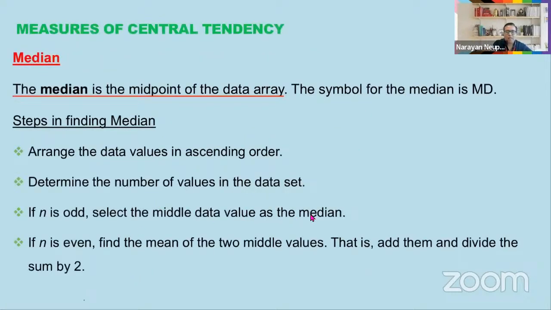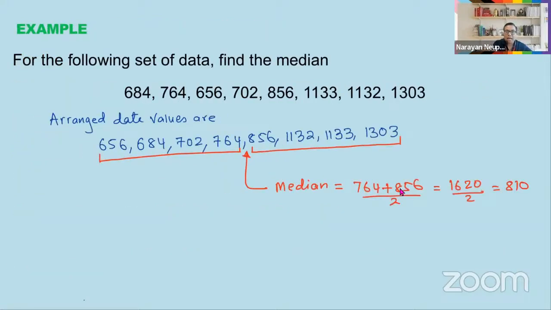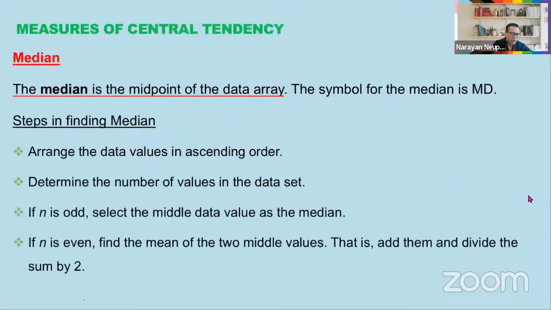Select the middle value as the median. But if it is even, like this one which has 8, when you divide into two parts, you'll have 4 and 4. You add the two numbers in the middle and divide by 2 to get the median. That is the process outlined here.